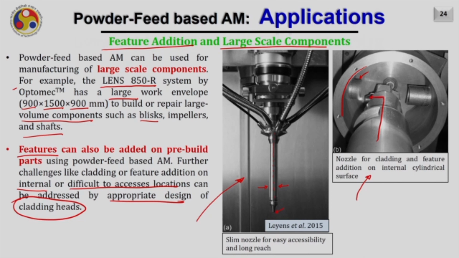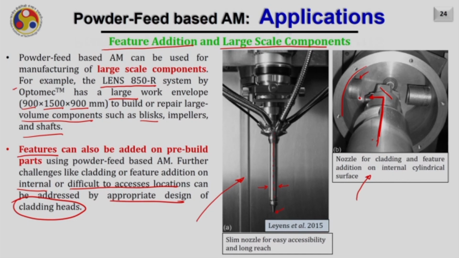The powder streamline is at 90-degree tilt. This is the streamline of the powder, then after reaching here it tilts by 90 degrees, and then reaches a particular location. Of course, there must be a mirror also for deflecting the laser and creating the molten pool here, and in that they deposit the material to realize the internal features.